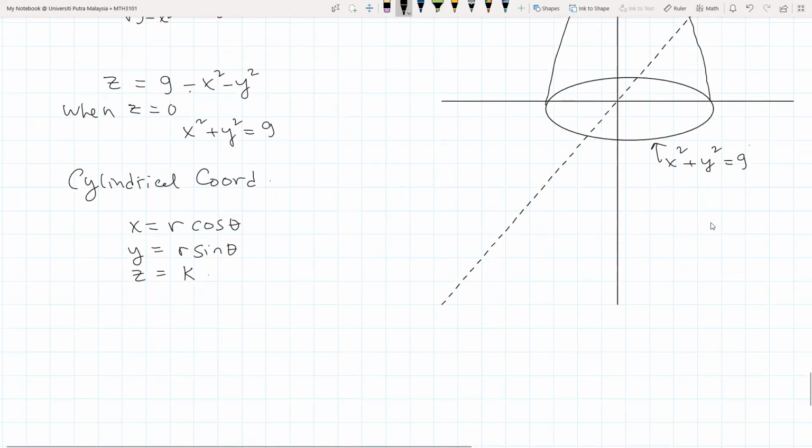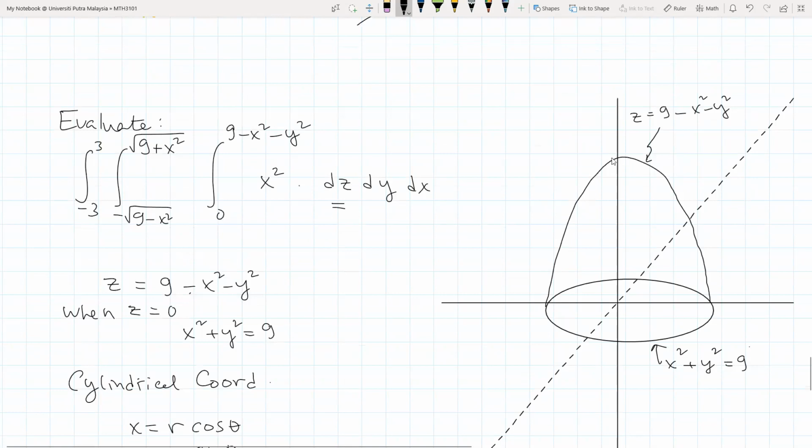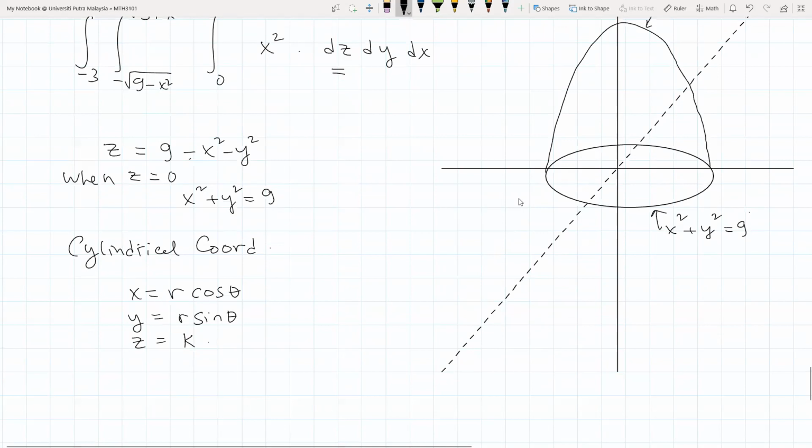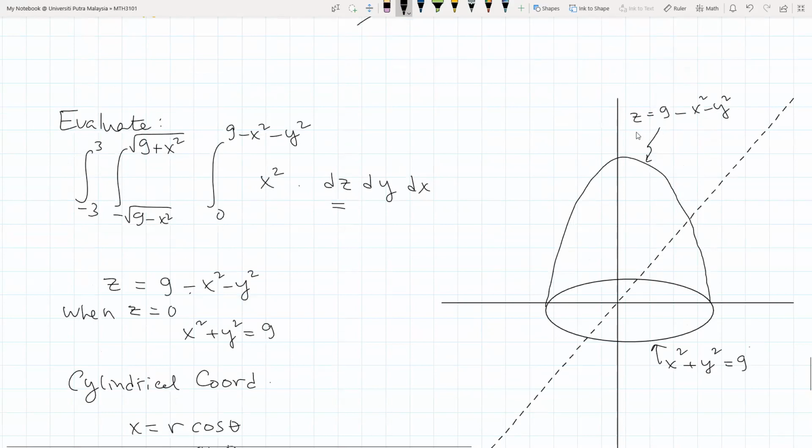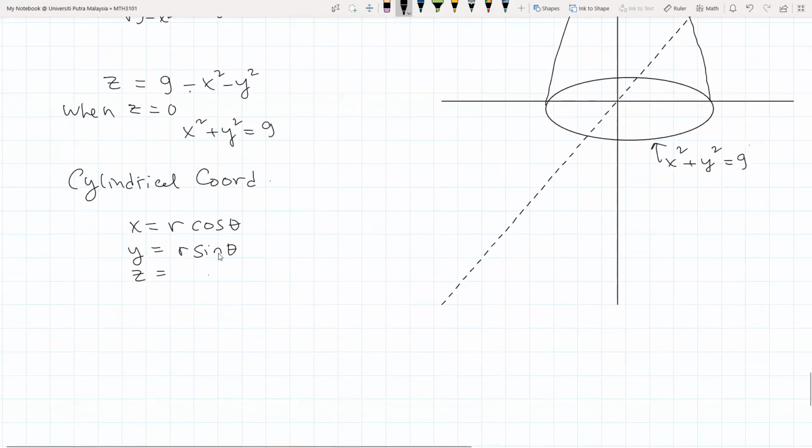You can see that this is x squared. So if I want to put this, I can say z equals k minus x squared minus y squared.